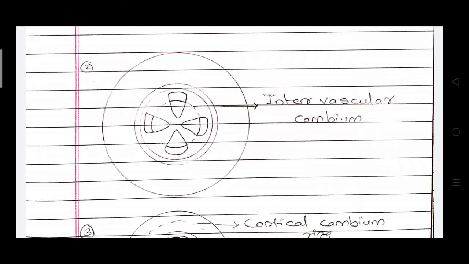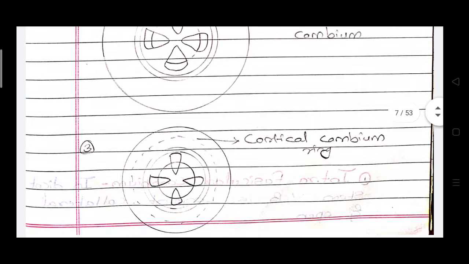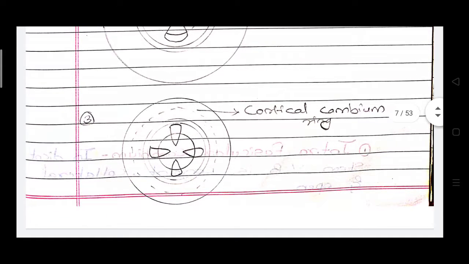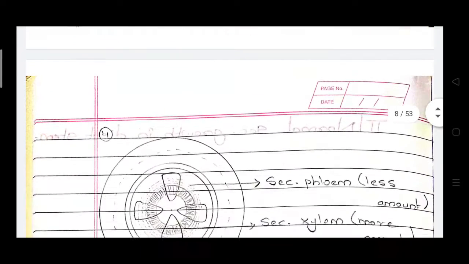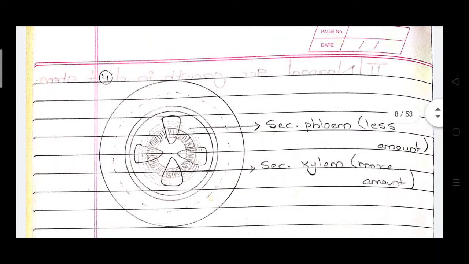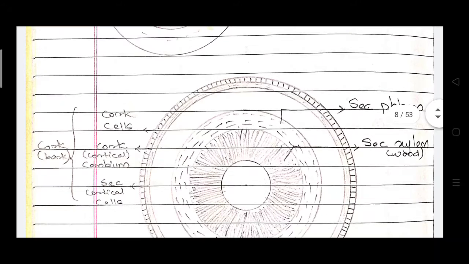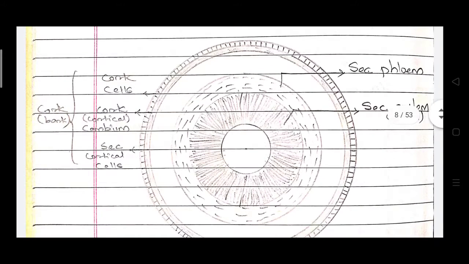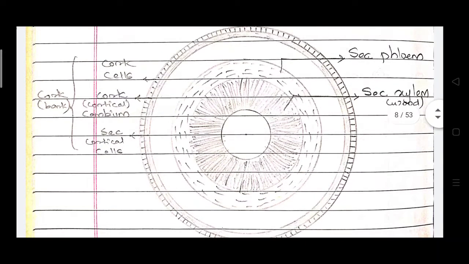Then the cortical cambium ring is formed, that means it is produced in the cortex region. Fourth, secondary phloem and secondary xylem are developed. Secondary phloem is developed in less amount and secondary xylem in more amount. So this is the normal secondary growth in the stem.